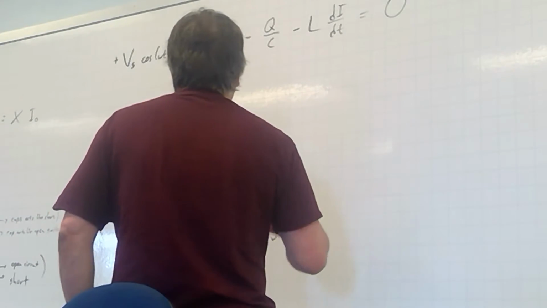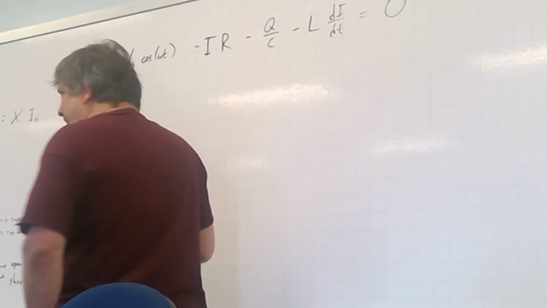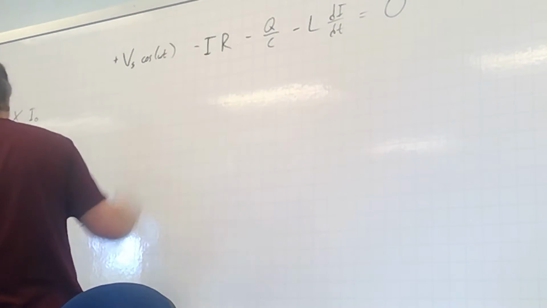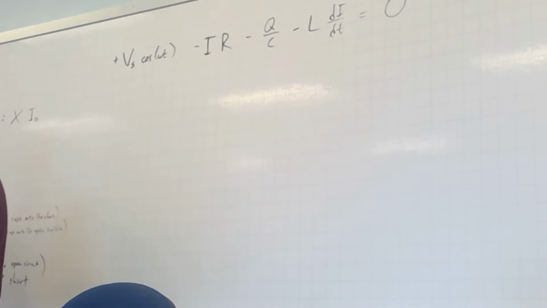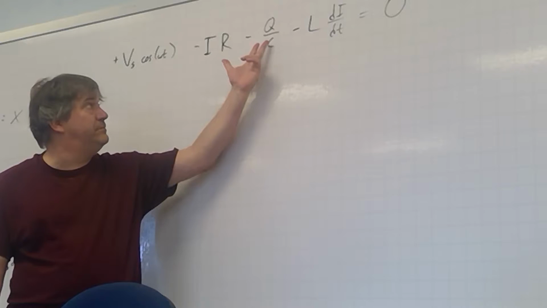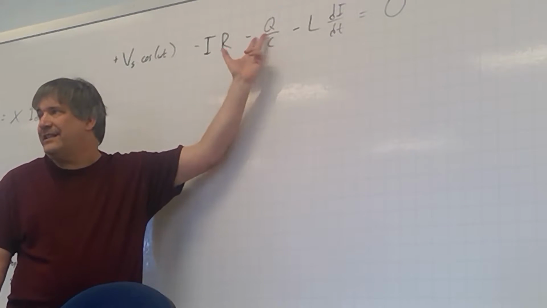Now the only problem is I've got two different variables, current and voltage. Or current and charge on the capacitor. I could run this making any of those my main variable. Several times in the past when I realized, oh yeah, I've got the charge on the capacitor and I've also got the current through the capacitor as a different variable, I've ended up saying, well, why don't we just say that the charge is a stand-in for the voltage, Q over C, I can just write as voltage across the capacitor.